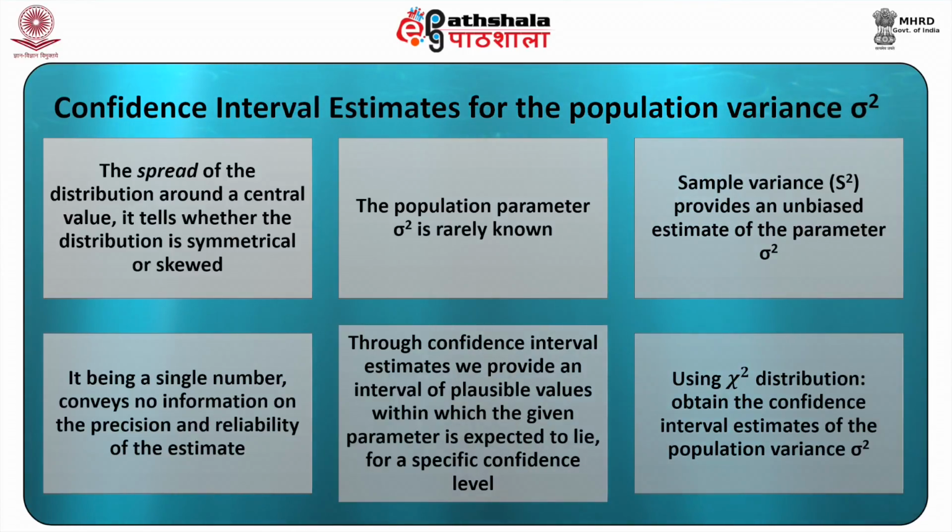Therefore, through confidence interval estimate, we provide an interval of plausible values within which the given parameter is expected to lie for a specific confidence level. Using chi-square distribution, we obtain the confidence interval estimates of the population variance sigma square from a random sample drawn from a normally distributed population.